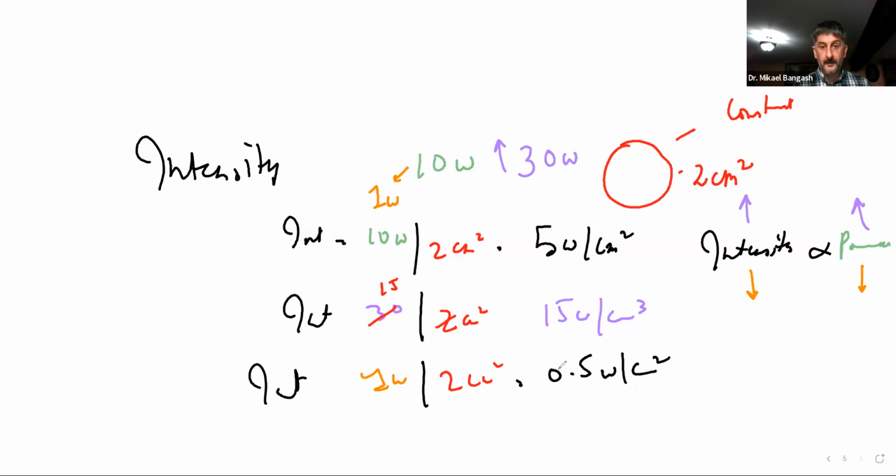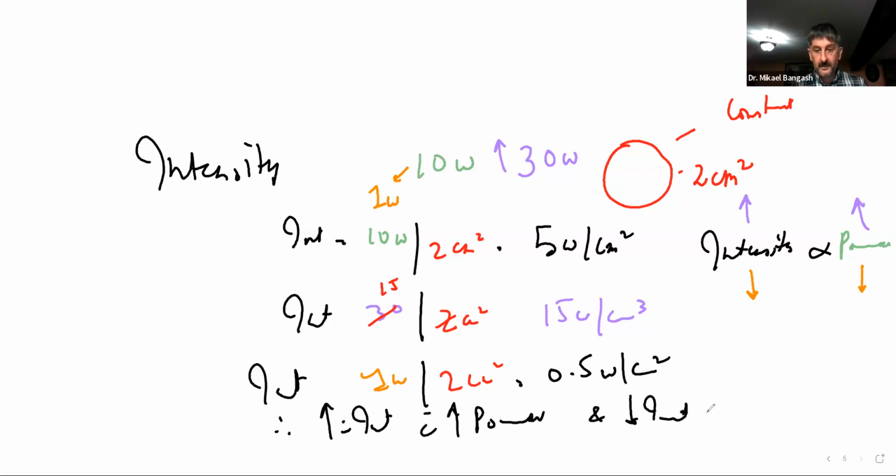So since we see an increase in intensity with an increase in power and a decrease in intensity with a decrease in power, that made us establish that power and intensity are directly proportional. But to establish that relationship, we keep the third parameter in the equation here constant.